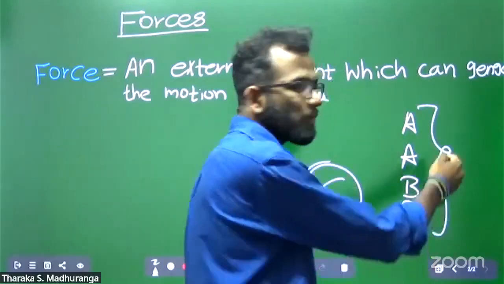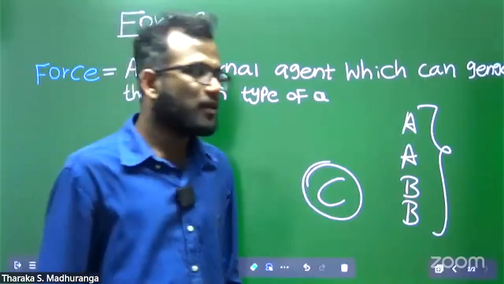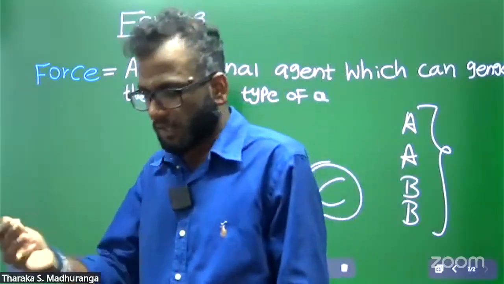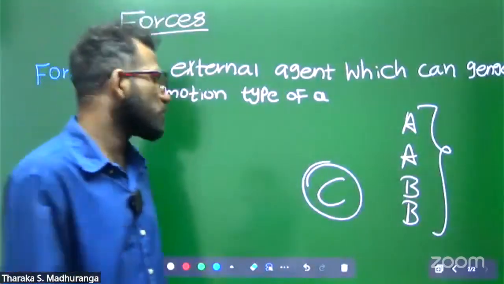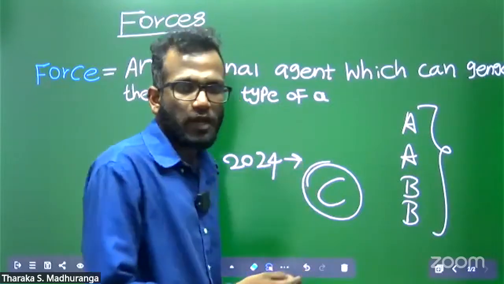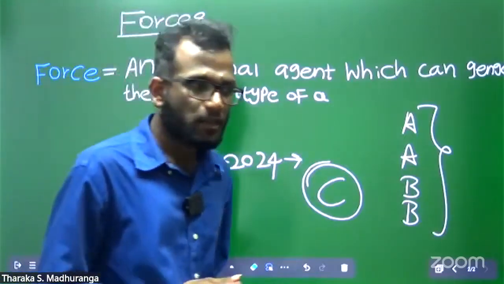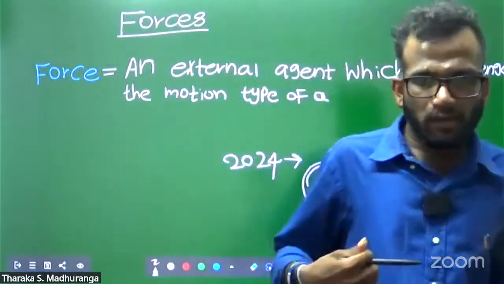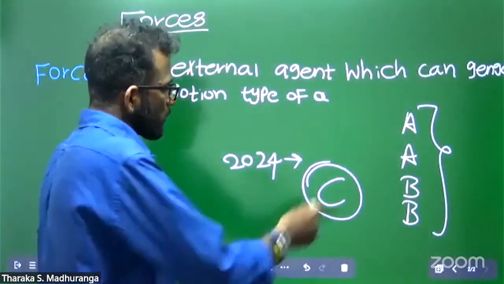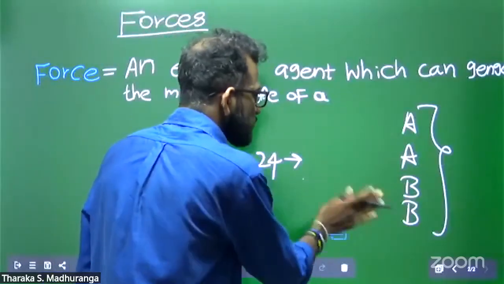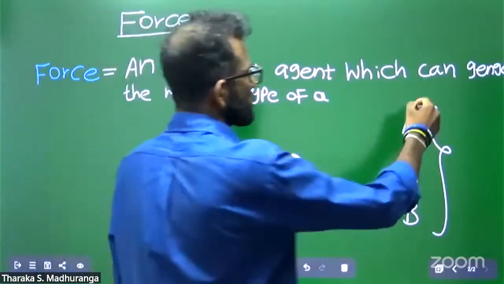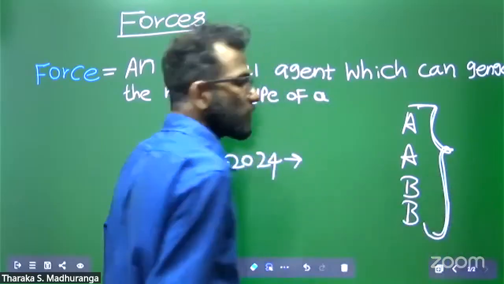These are only my first batch. 2024 is my first A level batch, because I taught this class in 2024 in the final year of my university. Now I have already graduated from the University of Jawaharlal. I did this class in the final year of my degree, but we got this result from only 10 students in our class.